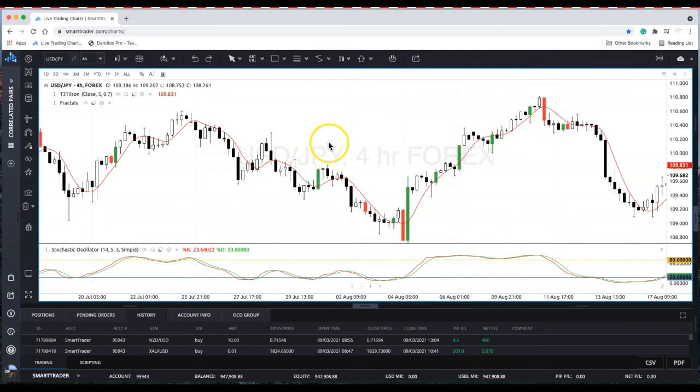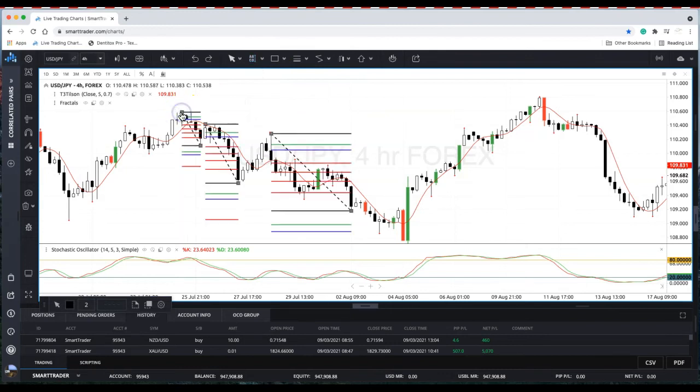Now, what's great about the Smart Trader platform is that it has a smart Fibonacci tool. So you can, at any point, at any fractal, just click. Now, it's not showing the solid colors because these trade signals, rather this Fibonacci, are complete, so they're no longer valid because price has moved on.